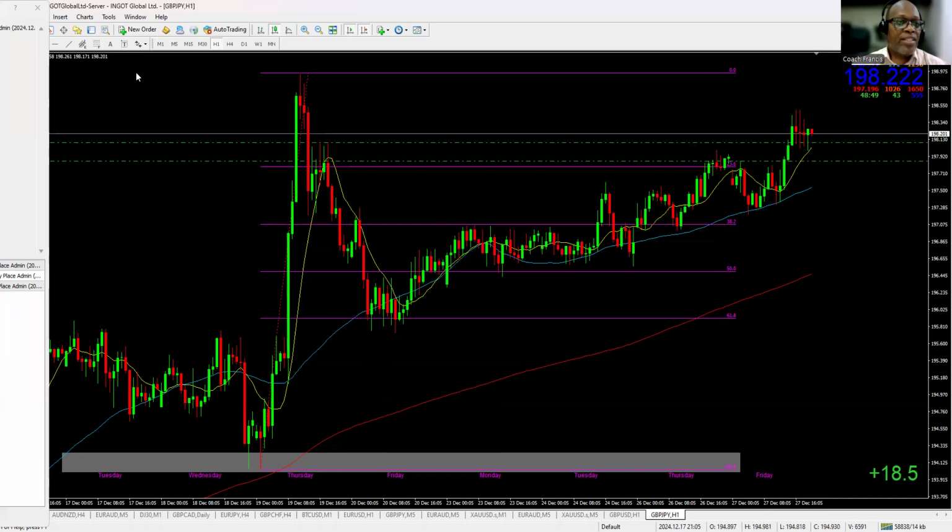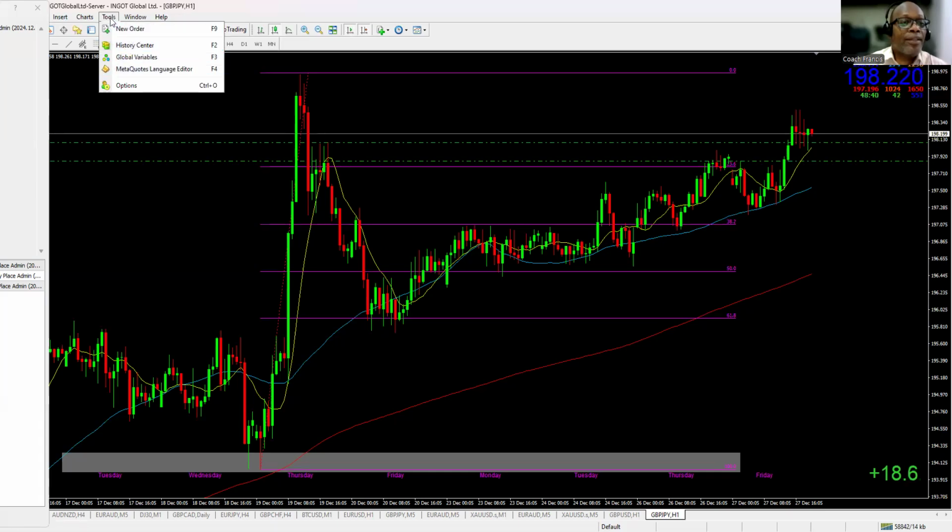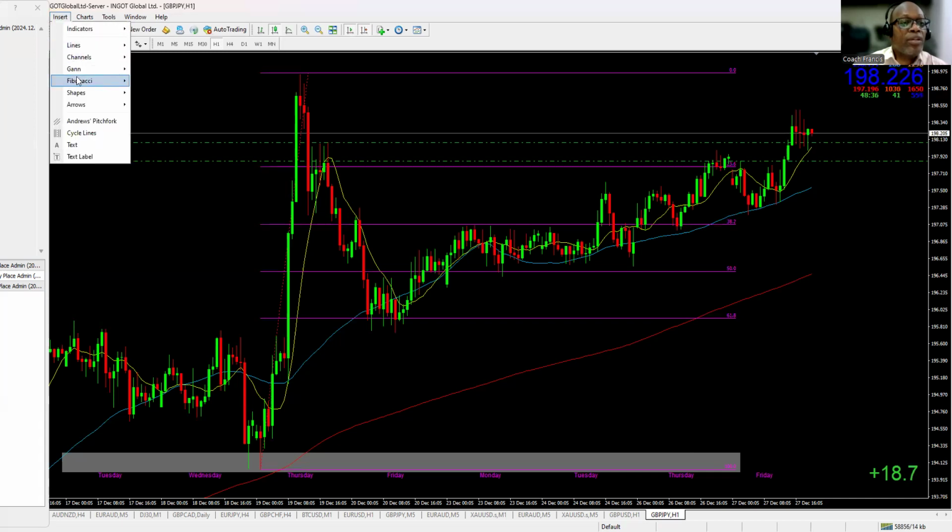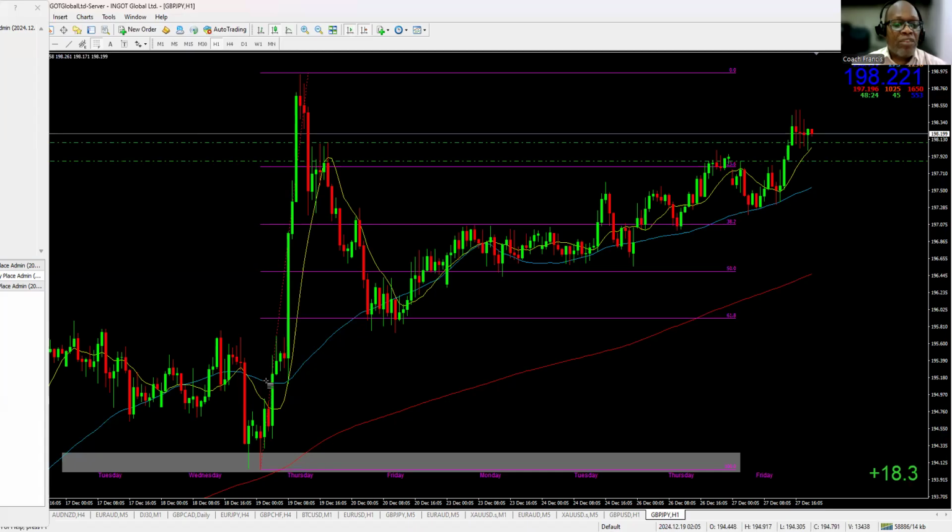So the way to enter the Fibonacci, you go to Insert, you go to Fibonacci, and go to Retracement. You can see there are various options for Fibonacci, but the retracement one is the one you need. You click on that and pick it up from there.